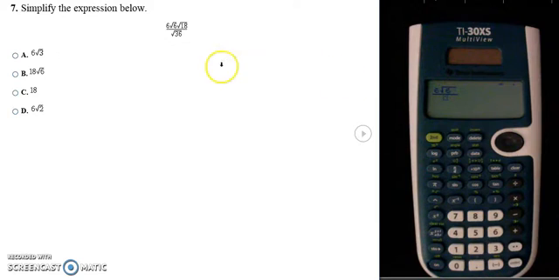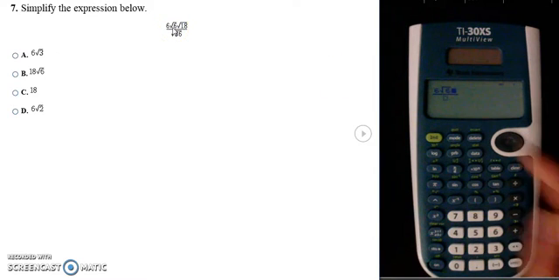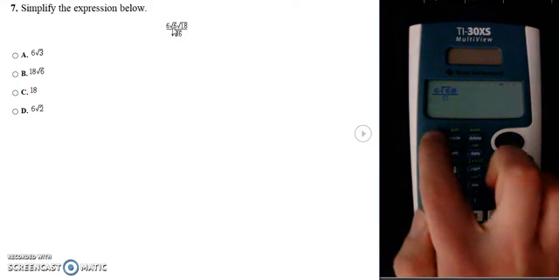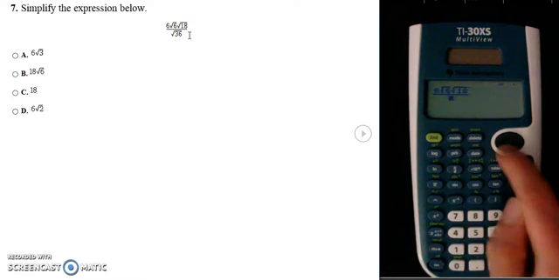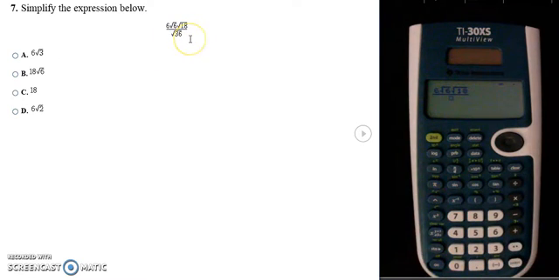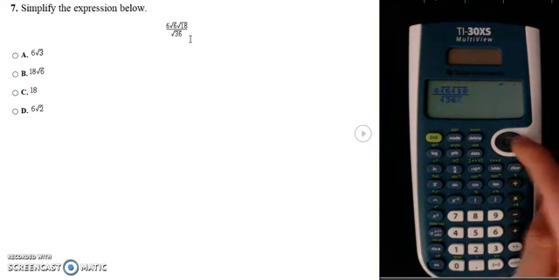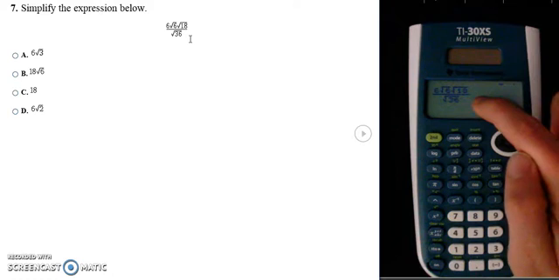That's all that's under that first square root, so I'm going to have to right arrow out of that, and then I'm going to press second square root again to get the second one, and press 18. I have the top all filled in, so I'm going to scroll down to the bottom. The bottom is a square root of 36, so I'm going to press second square root 36. And that's it. I can right arrow until the cursor is blinking at the end, so I'm completely out of the fraction and the square roots. And I'm going to press enter, and I see that that all simplifies down to 6 square root of 3, which is going to be choice A.